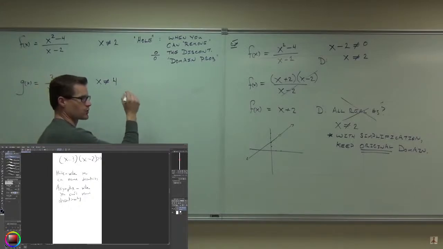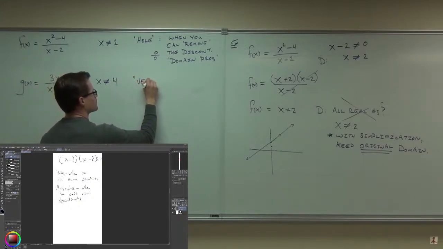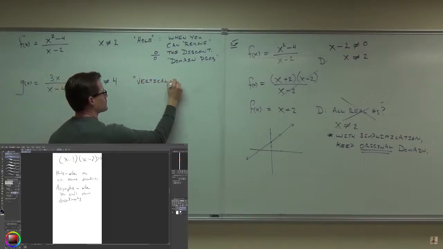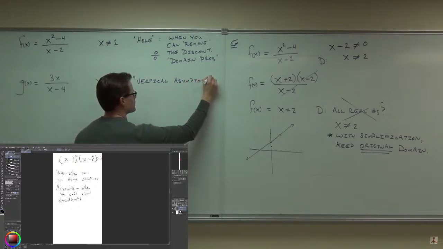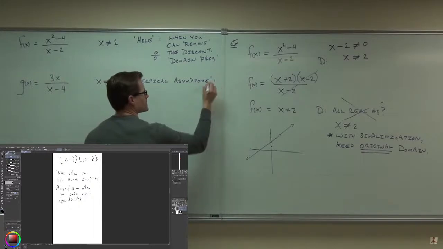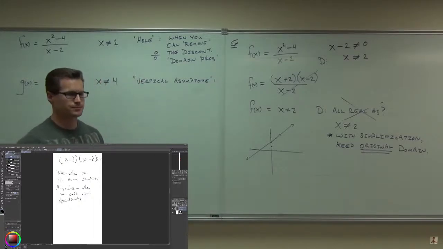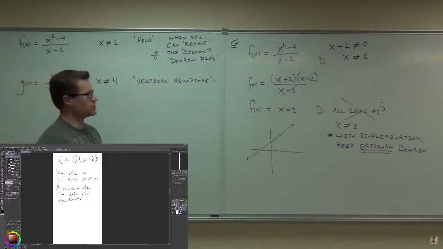This is a vertical asymptote. This happens when you have a number over 0, typically, and it means you can't get rid of the domain issue.